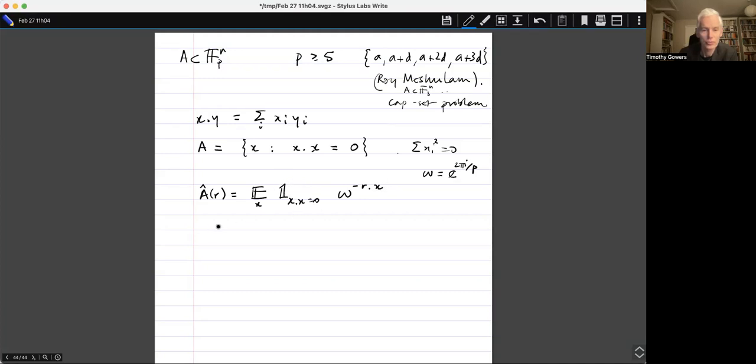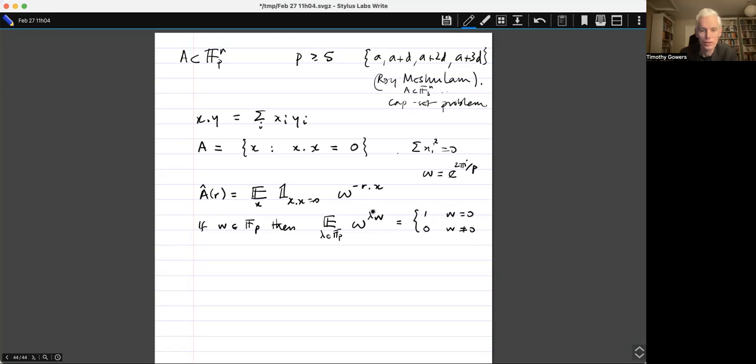Now this indicator 1 of x dot x equals 0 I want to rewrite. So that's an element of F_p, and I'm going to use the fact that if, say, w is in F_p, then the average over all lambda in F_p of omega to the lambda w equals 0 if w doesn't equal 0, and 1 if w does equal 0.